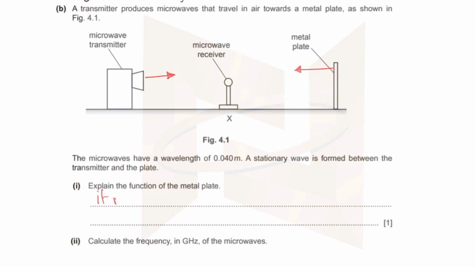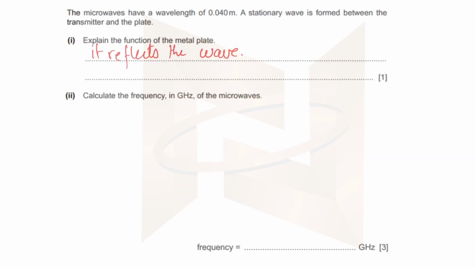It reflects the wave. Microwaves have a wavelength of 0.04. A stationary wave is formed. Calculate the frequency in gigahertz. Well, you know microwave is a part of the electromagnetic spectrum, so I will be using c = fλ. c is the speed of light. 3 × 10^8 = frequency × 0.04.